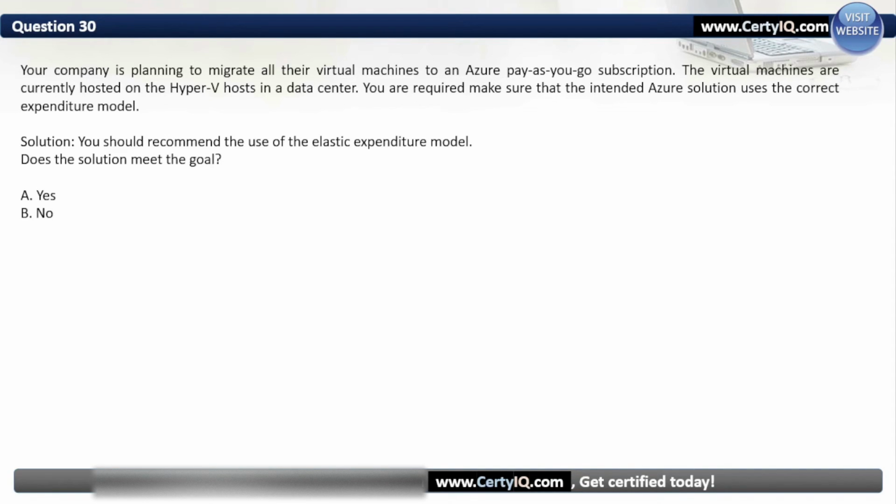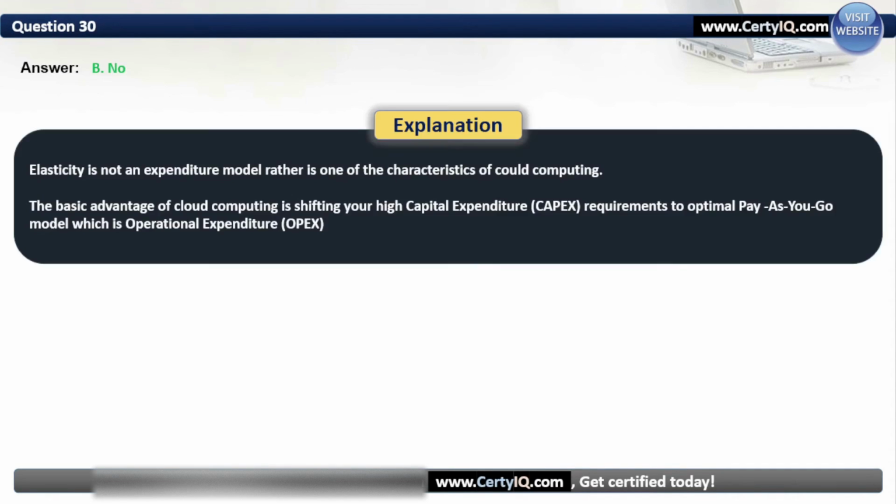Does the solution meet the goal? The correct option is B. No. Elasticity is not an expenditure model, rather it is one of the characteristics of cloud computing. The basic advantage of cloud computing is shifting your high capex requirements to an optimal pay-as-you-go model, which is operational expenditure.